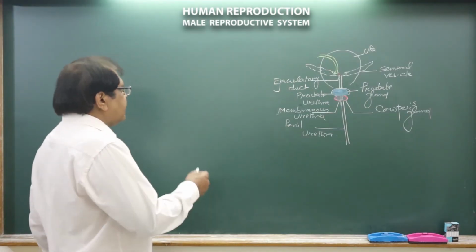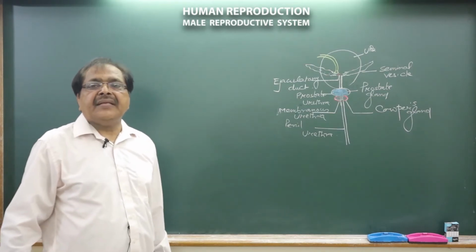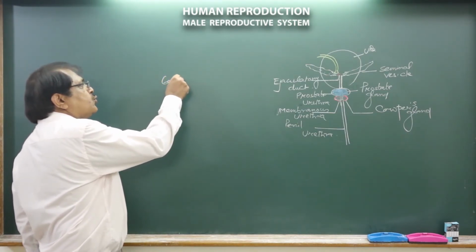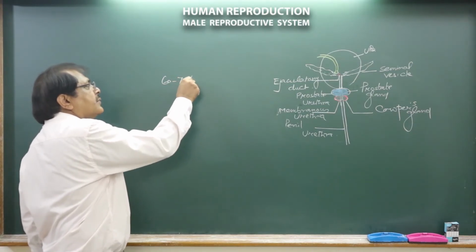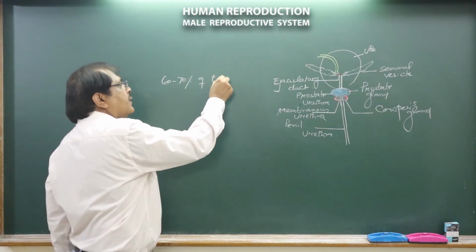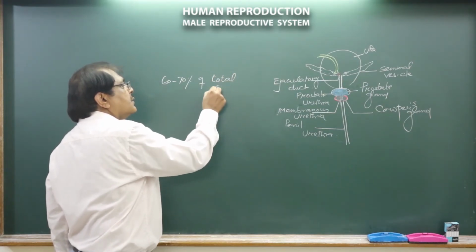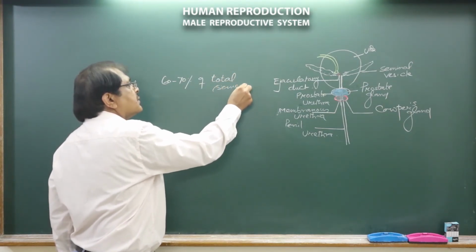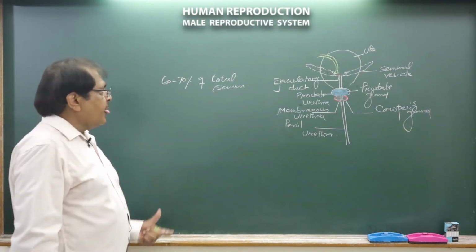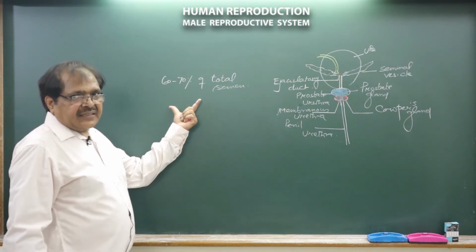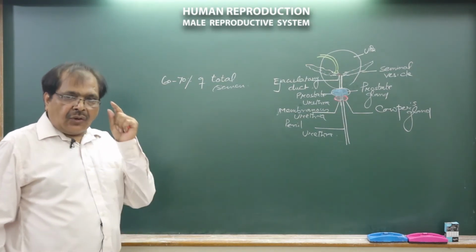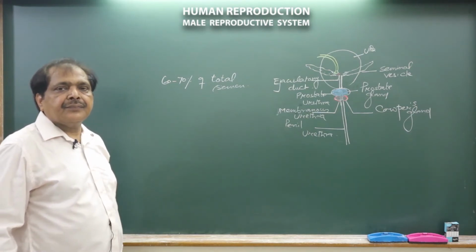Students, remember that the secretions of the seminal vesicles form about 60 to 70% of total semen, or semen plasma.